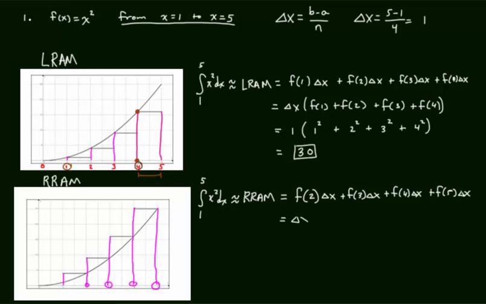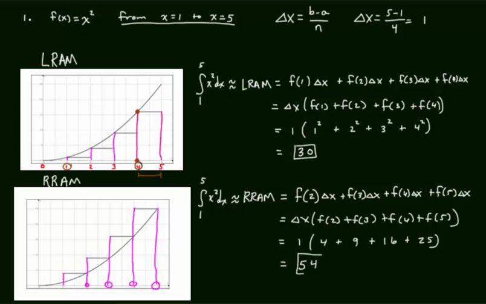I will pull out the change in x, left with f of 2 plus f of 3 plus f of 4 plus f of 5. The change in x is still 1. And now we have new values here: 2 squared is 4, 3 squared 9, 4 squared 16, and 5 squared 25. We do the arithmetic, add that up, and it comes out to be 54 units.